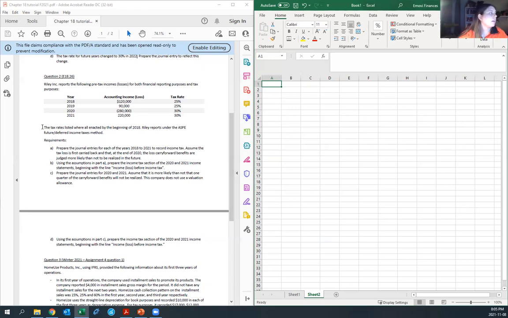This sentence here would have been useful if you had temporary or permanent differences, but it's not the case, so you can just not care about it. So your transaction for 2018: you want to only record your current tax expense for 2018. So how much taxes they paid.